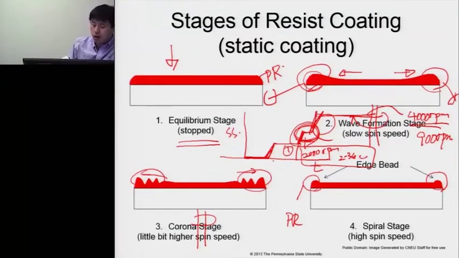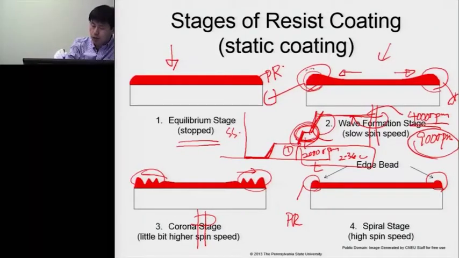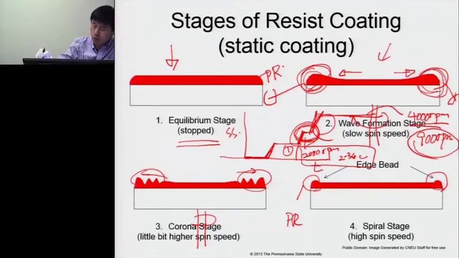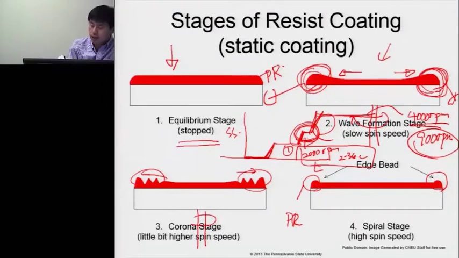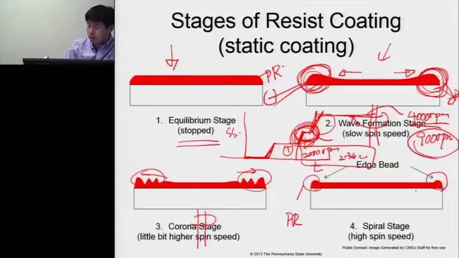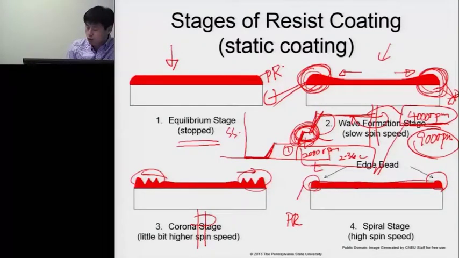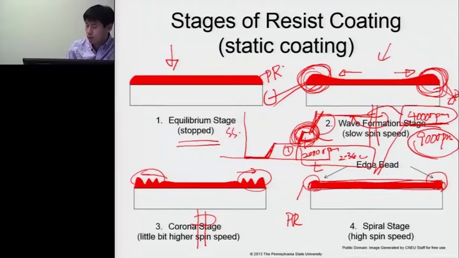So at the low spin speed of about 900 RPM, we get a good accumulation of the photoresist. Then in the spit out process, the bead structures are removed. Finally, at the very high spin speed, we get a much smoother film formation because we already removed the bead at the intermediate spin speed.